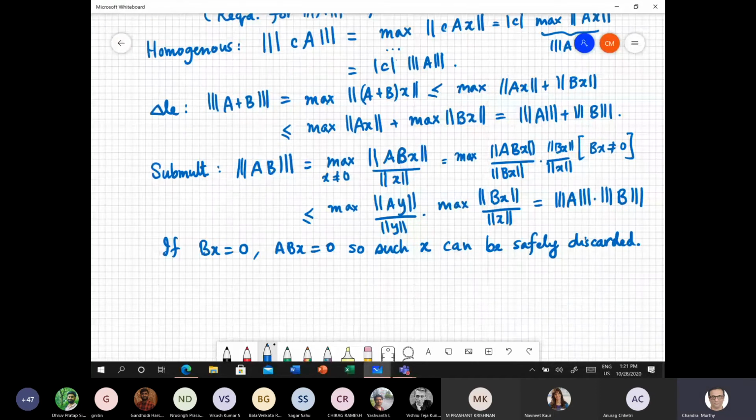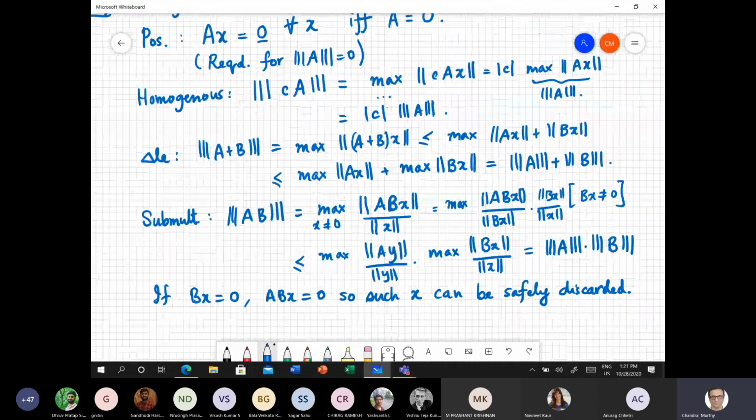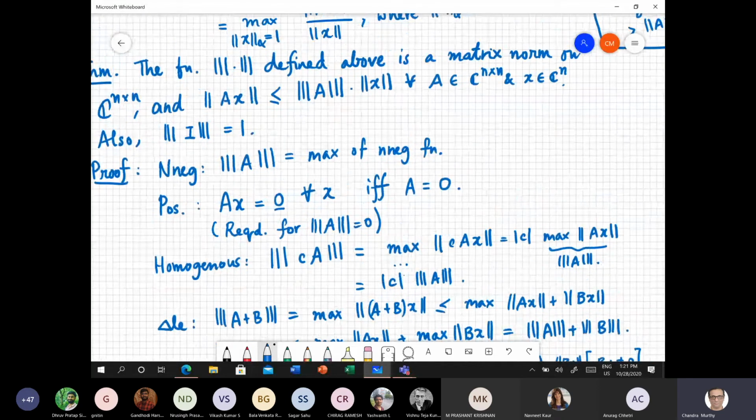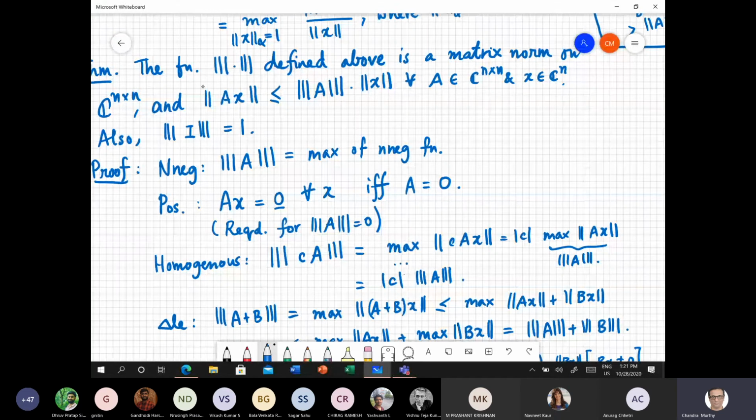Okay, and the final part is that the statement of the theorem also says one inequality, which is that the norm of Ax is less than or equal to the matrix norm of A times the vector norm of x for every A and x. We need to show that.